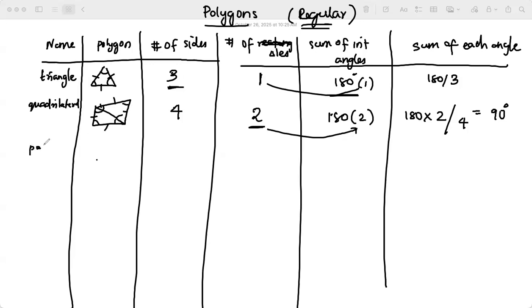Now, let's go to a pentagon. Pentagon has 5 sides, right? How many triangles are possible? How many sides are there? 5. How many triangles? 3. Sum of the interior angles? 180 times 3. Sum of each angle?